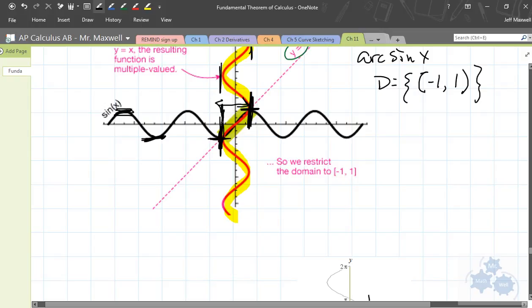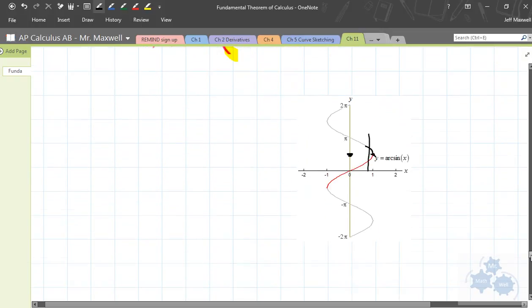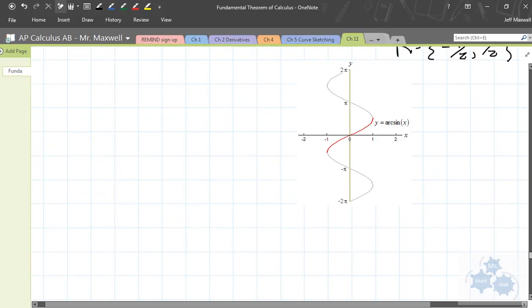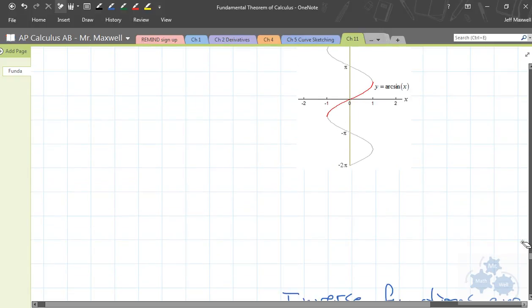This from here to here is what I'm trying to show you, but that graph doesn't show it well. But it's pi over 2. So the range for arc sine is negative pi over 2 to positive pi over 2. Okay? Now that I've muddied that up completely for you, sorry. Anyway, it's the red part here. That's what we're going to consider. It's the only piece we're going to consider because that's the function.